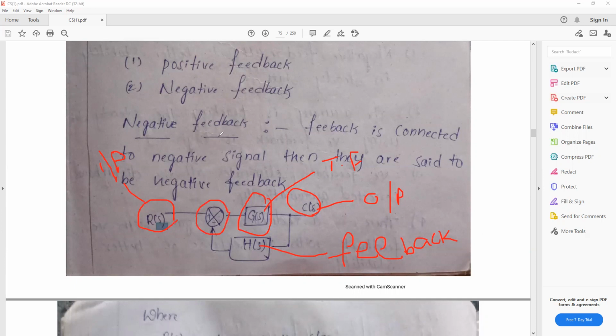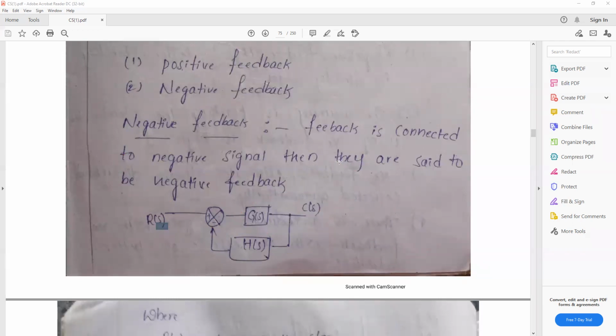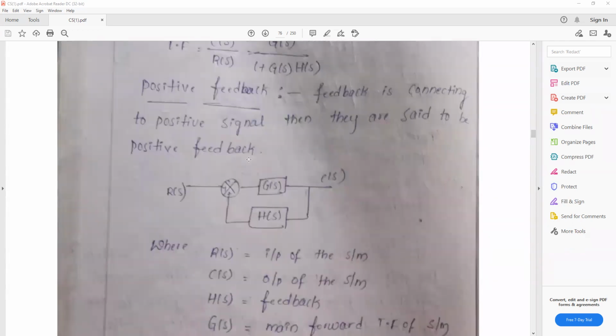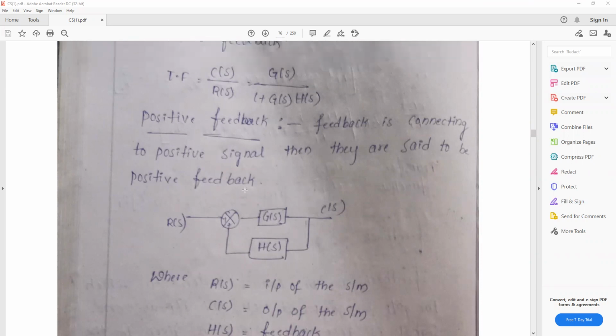So negative feedback means the feedback is connecting to the negative signal. And when the feedback is connecting to the positive signal, it is called positive feedback.